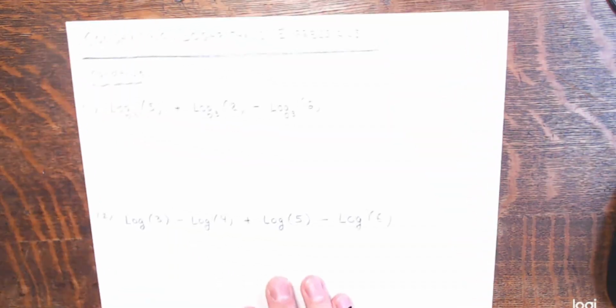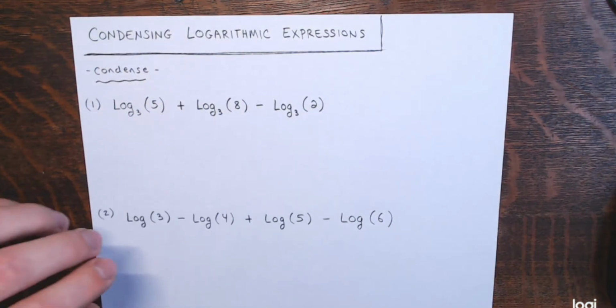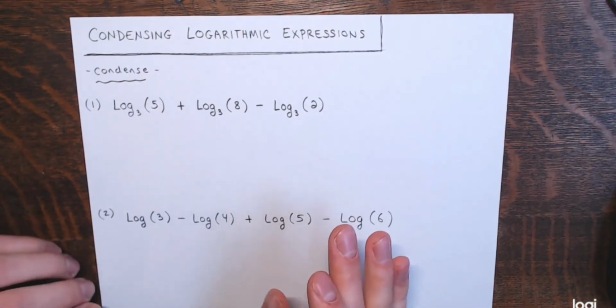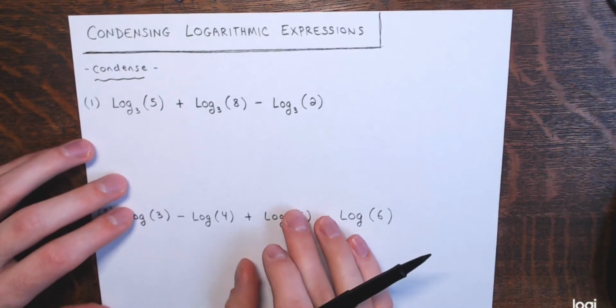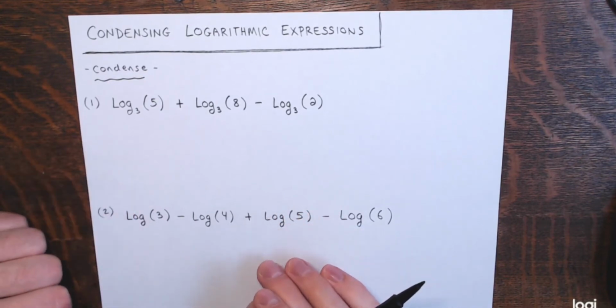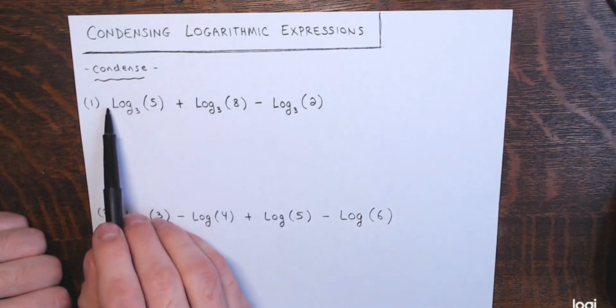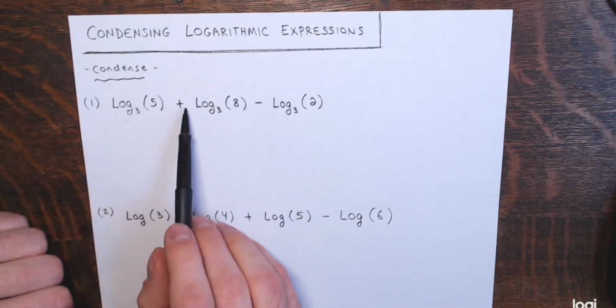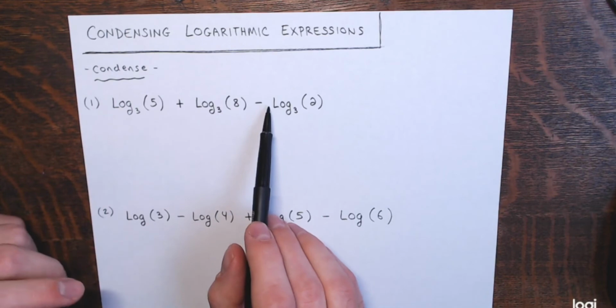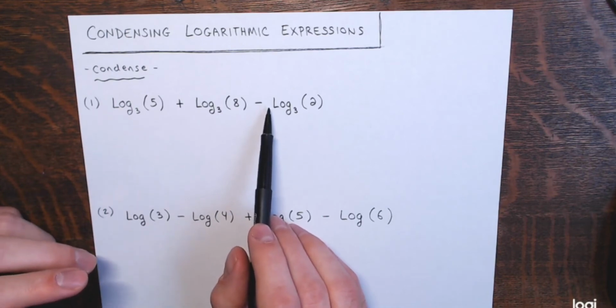So the first example here, and all the examples, I'm asked to condense the logarithmic expressions, write as a single logarithm. Looking at this first one, the coefficients of the logs are 1, 1, and -1. The numbers in front of all the logs are 1, really.